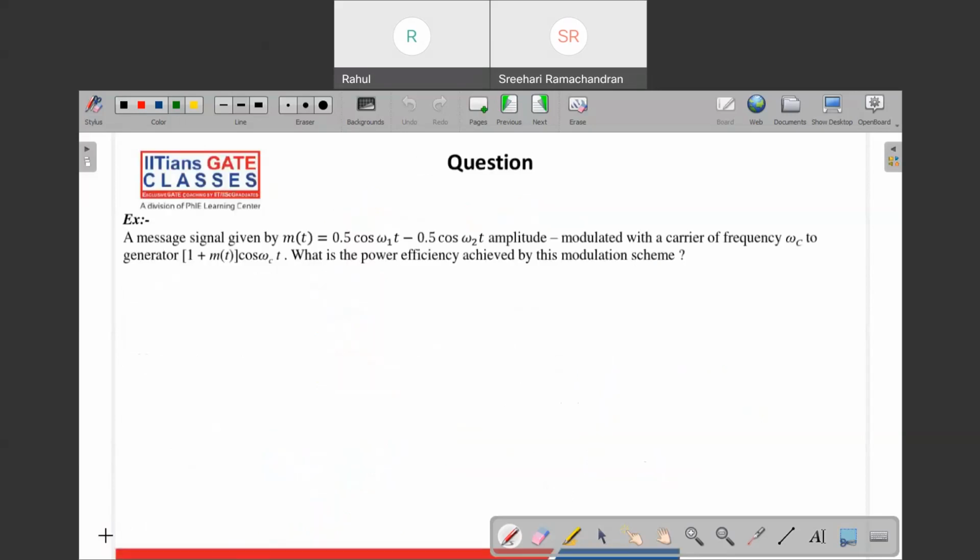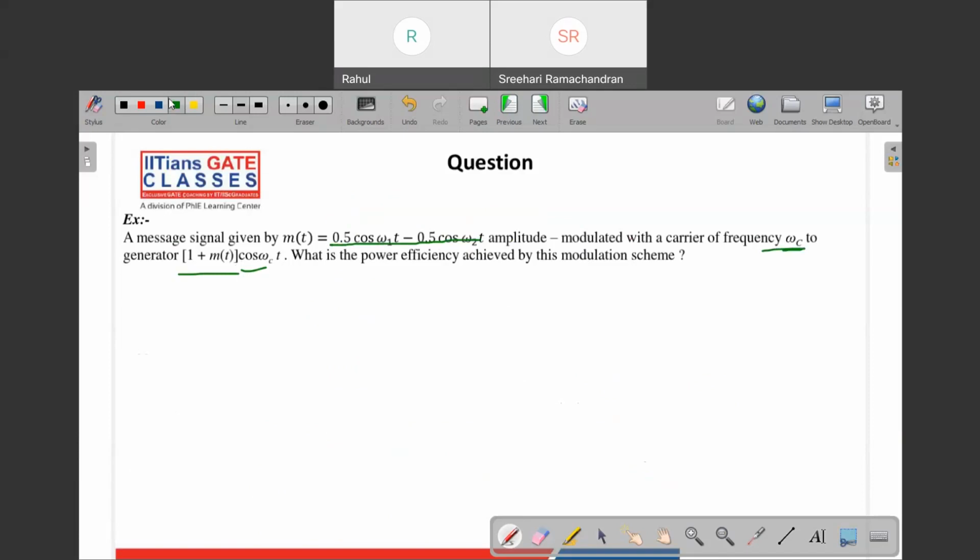So let's take a problem. We have a message signal, which is given by this formula, and it is modulating the carrier cos omega ct, and the modulated signal is given by this formula. We need to find out what will be the efficiency.